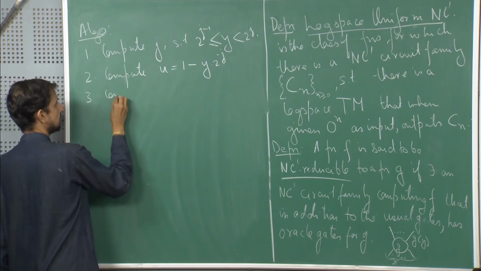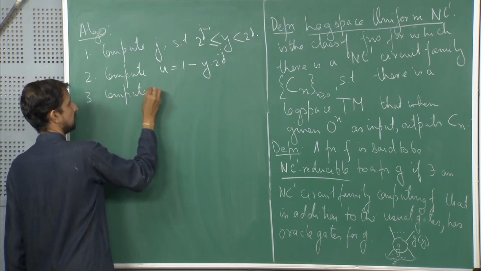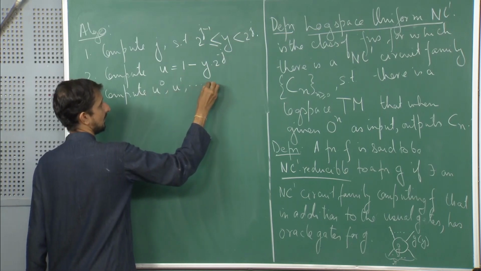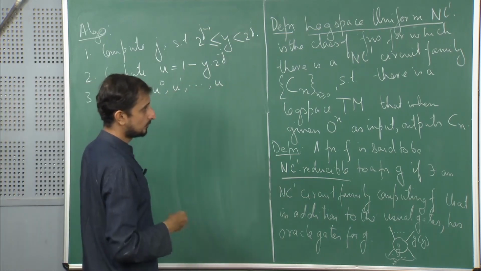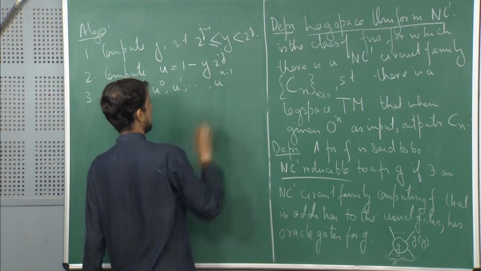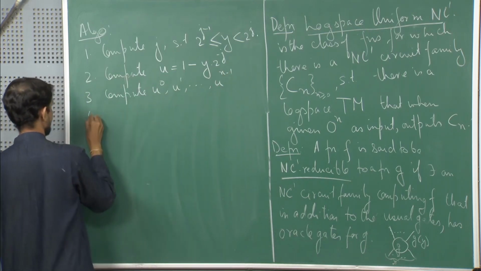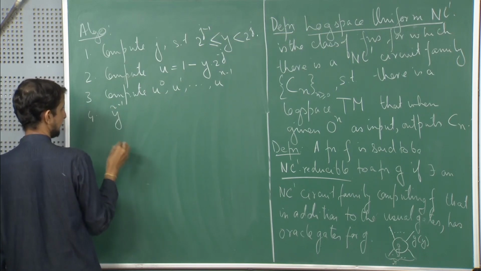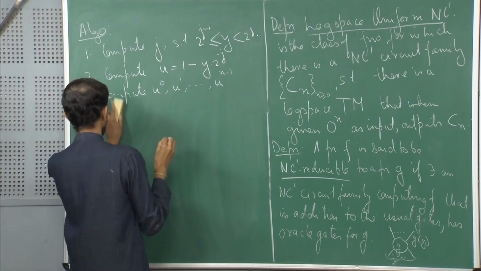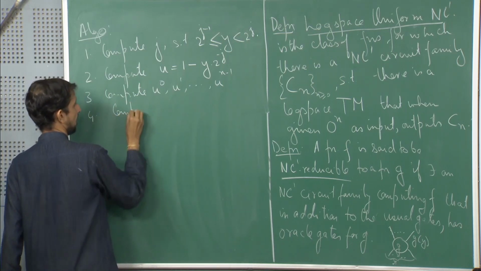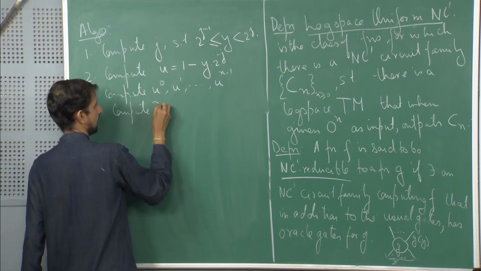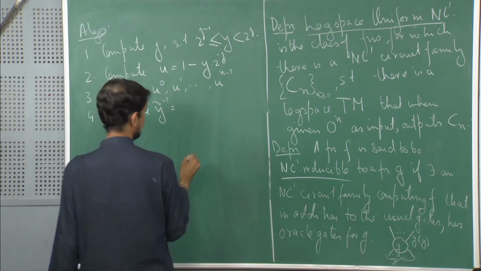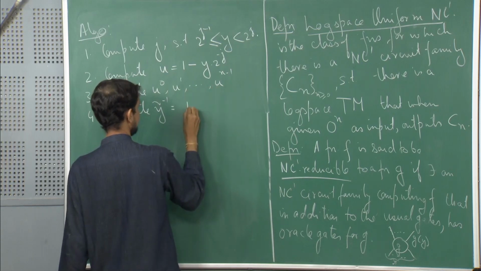Third step is to compute u to the power 0, u to the power 1, up to u to the power n minus 1. Next we compute y tilde inverse, which is basically this summation.